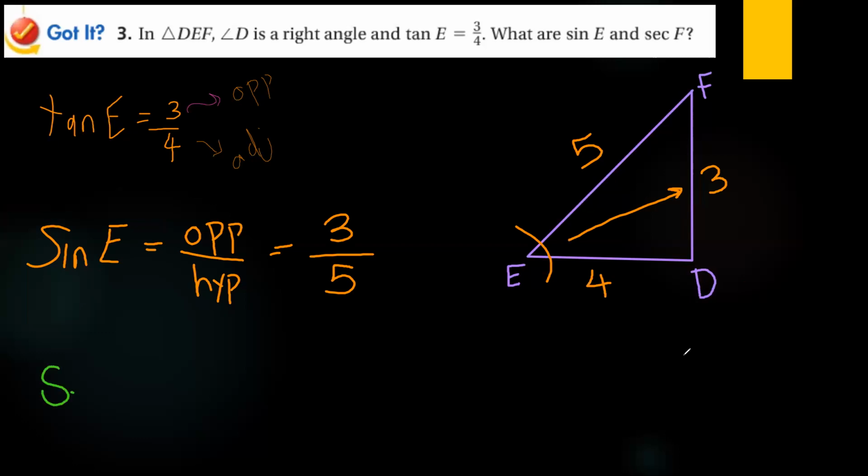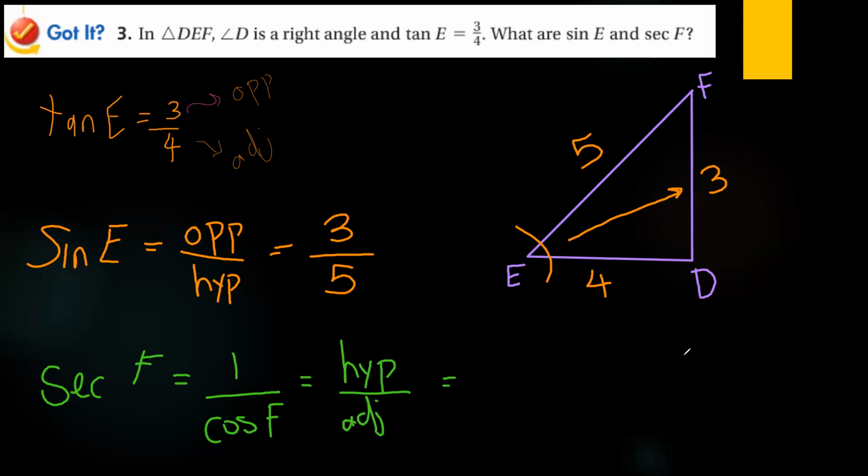Now let's find secant of F. What is the ratio of secant? We know that secant is 1 over cosine. And cosine is adjacent over hypotenuse, so 1 over cosine is hypotenuse over adjacent.